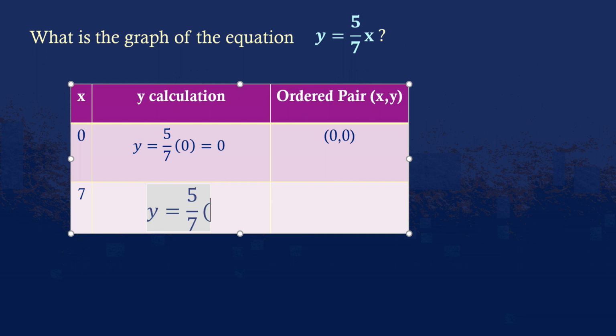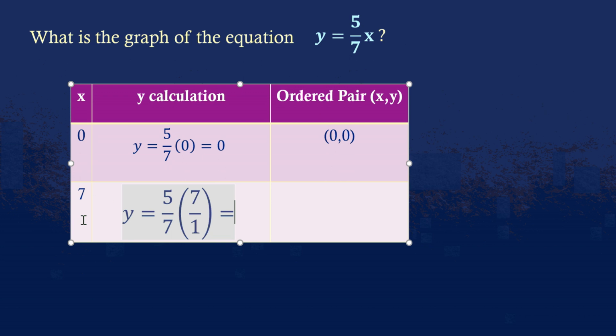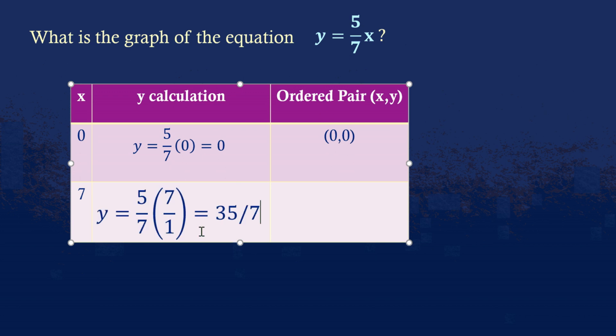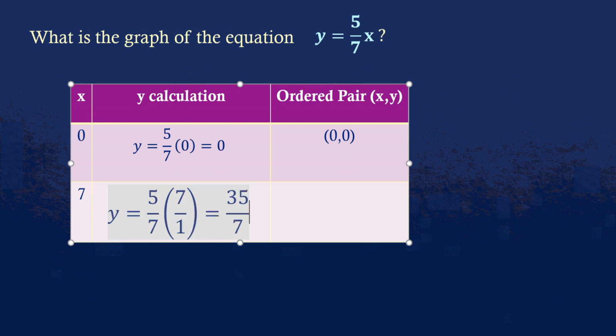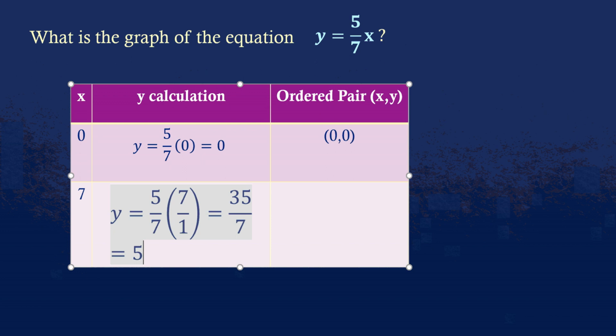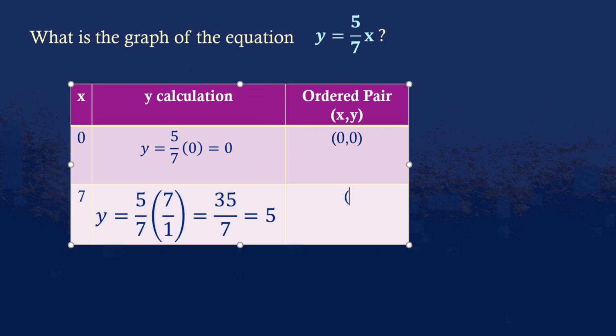And we'll make it look like a fraction by putting it over 1. And so right now you can see that the 7 divided into 7 would equal 1 and cancel out. Or you can just multiply straight across to get 35 on the top, and 7 times 1 is 7 on the bottom. Simplifies to 5. And that means that my ordered pair here is 7 for x and 5 for y.